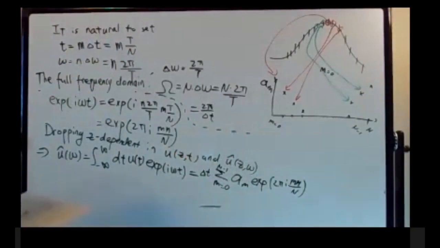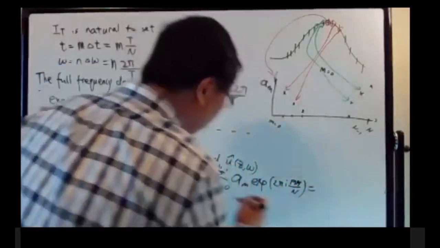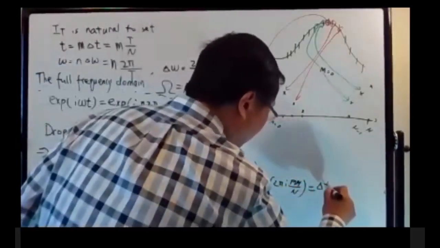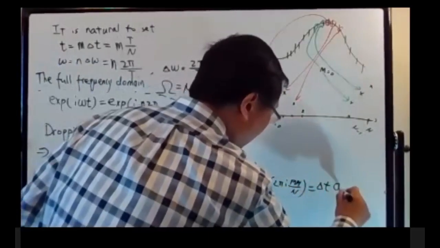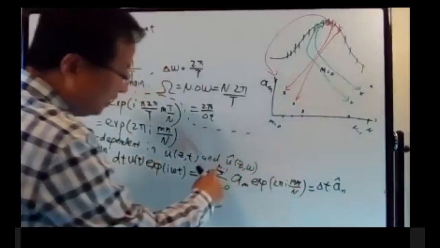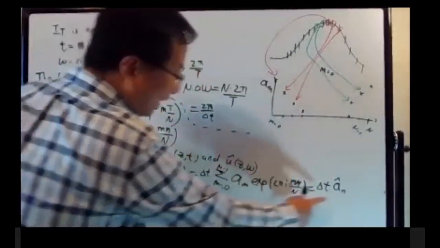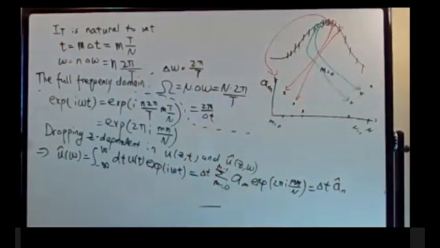Let's make the right hand side delta t times a hat with subscript n. The whole sum is a hat with subscript n.